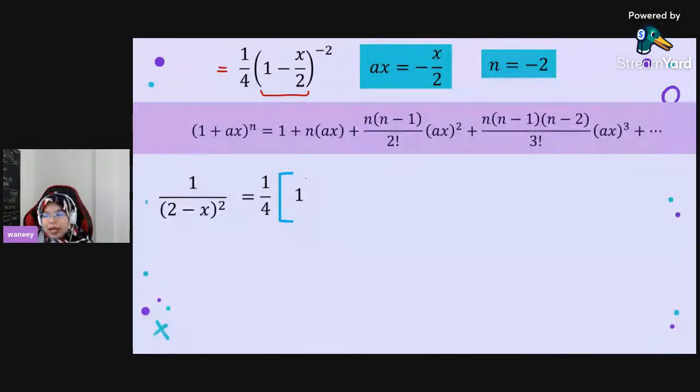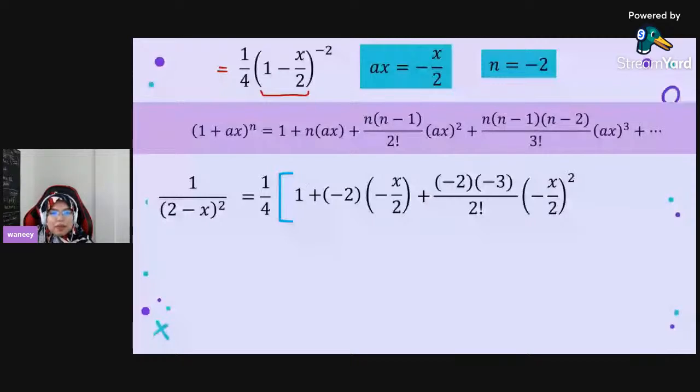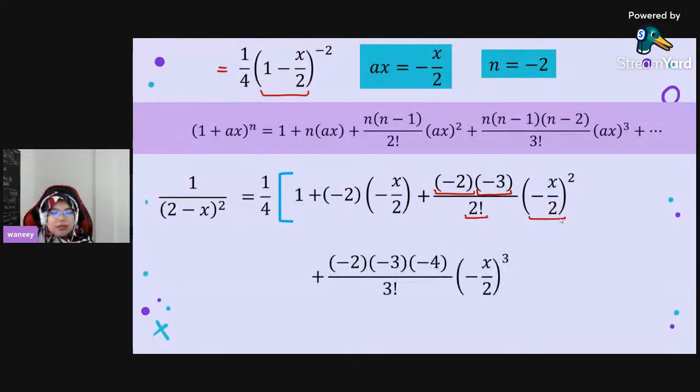Then 1 plus n multiplied with ax, so we have negative 2 multiplied with negative x over 2, plus n(n minus 1) over 2 factorial times ax squared, plus n(n minus 1)(n minus 2) over 3 factorial multiplied with ax cubed, and then plus dot dot dot.